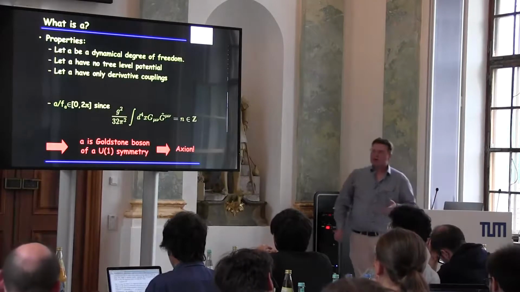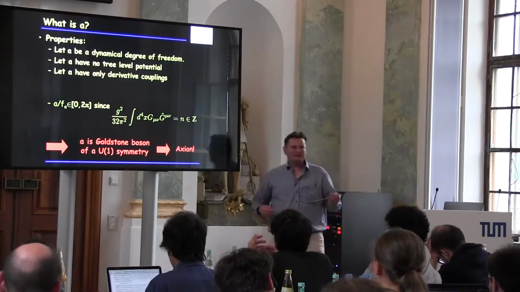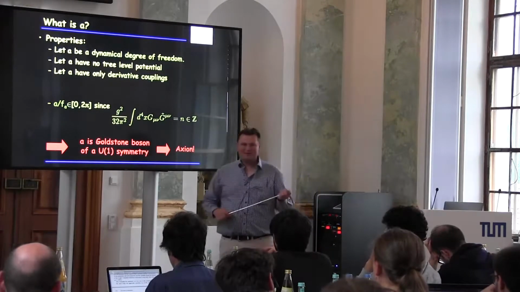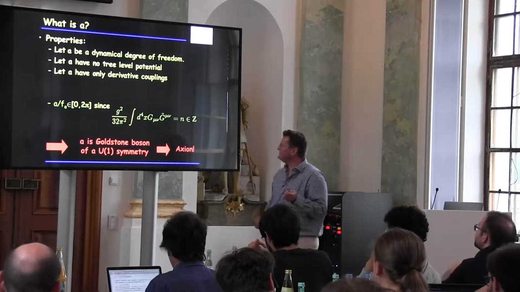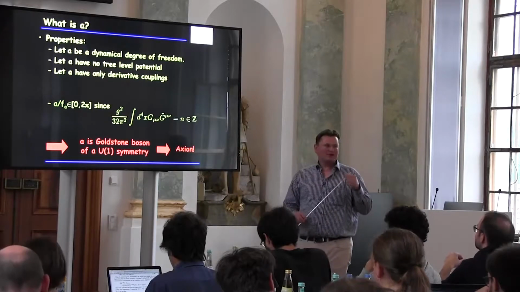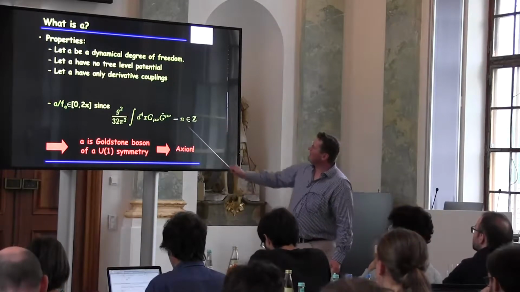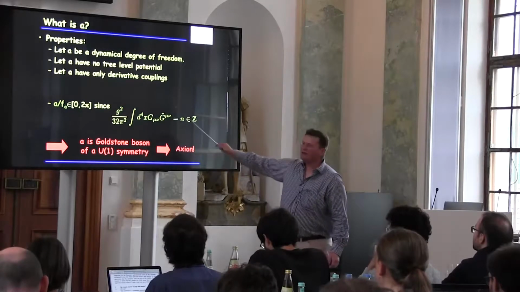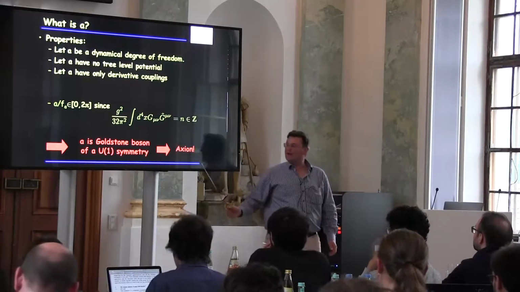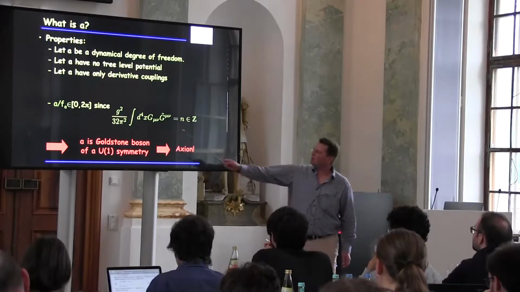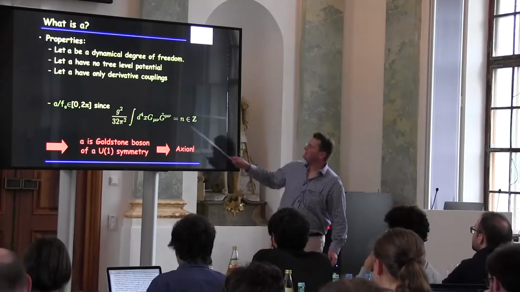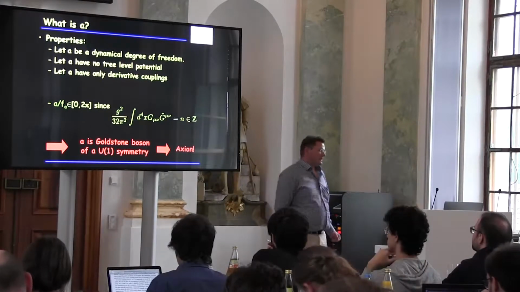Okay, but of course we cannot pick just any random Goldstone boson. That would be a little bit too easy. Our Goldstone boson has to have one special property in addition to all these. It has to couple to the gluons in that way. It has to have this coupling, Goldstone boson times this quantity.